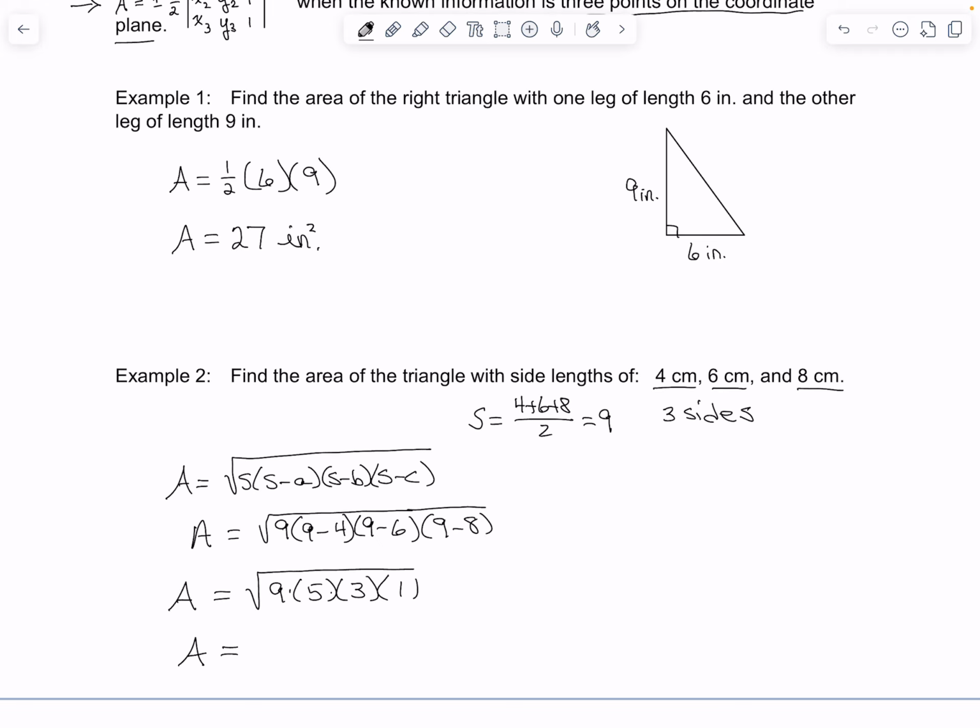So the square root of 9 is 3, but I don't have any other perfect square factors, and I'll just multiply together the remaining factors. 5 times 3 times 1 is 15. So I have 3 times the square root of 15 square units. They're centimeters, aren't they? So square centimeters.